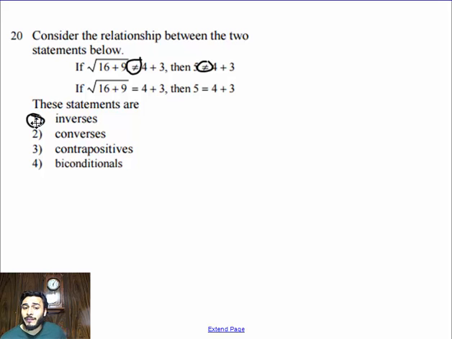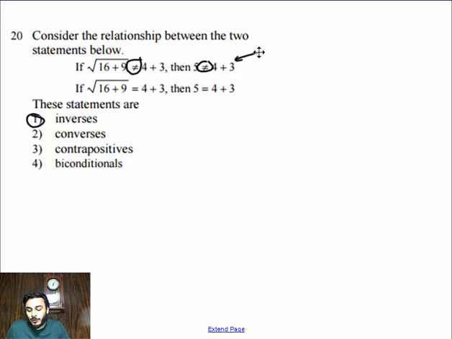Let me tell you why they're not converses. They're not converses because in a converse, you would just switch the hypothesis and the conclusion. So if this is the original statement, the converse would say, if 5 does not equal 4 plus 3, then the square root of 16 plus 9 does not equal 4 plus 3.